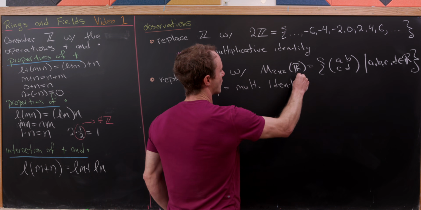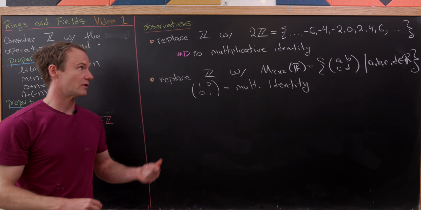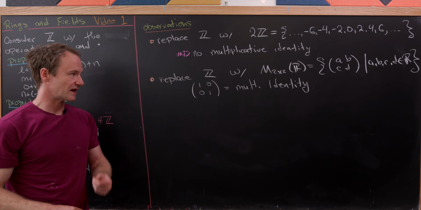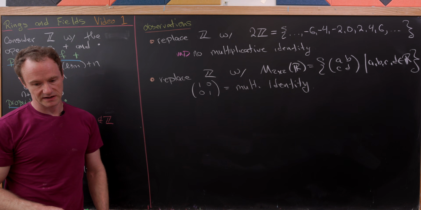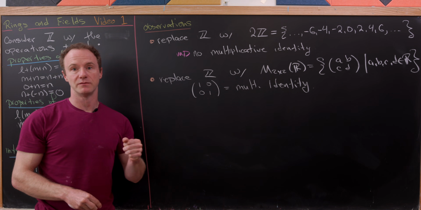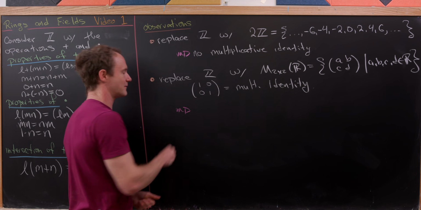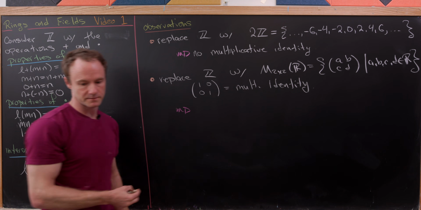So before, in our first kind of odd example, there was no multiplicative identity, but we do have a multiplicative identity here. But we may not have commutativity of multiplication. And we can see that by the following example.